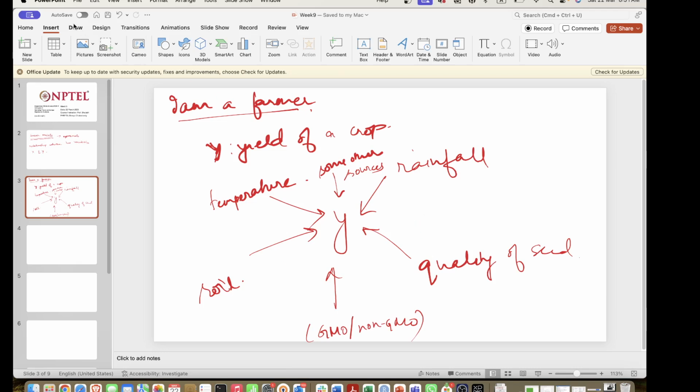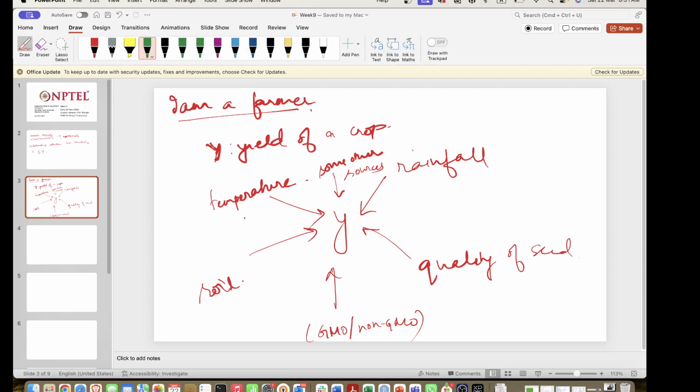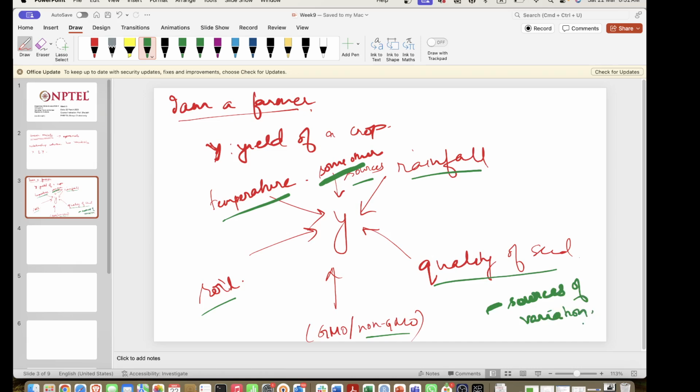Okay, so these ones which I underlined, the green ones, are like sources of variation.